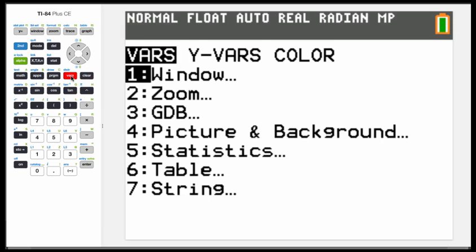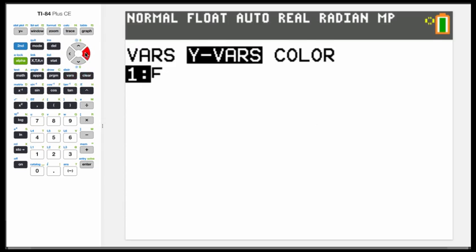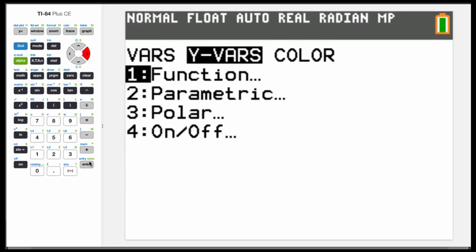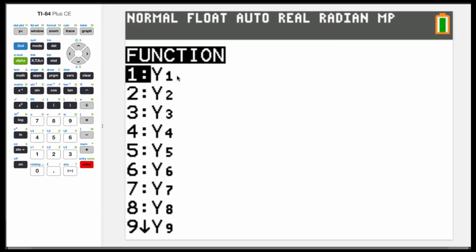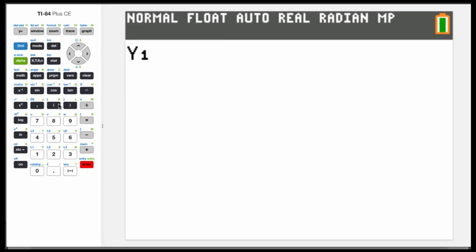To do that, hit vars, then go across the top to y vars and into the first option there for function. Our equation is stored under y1, so you'll want to bring up y1, and next to that, put 0. It looks very much like your f of x notation, y1 of 0. So this is telling the calculator to evaluate the function under y1 at 0.